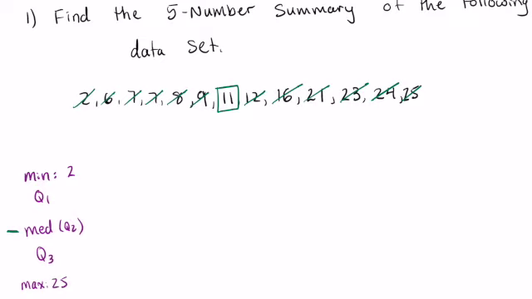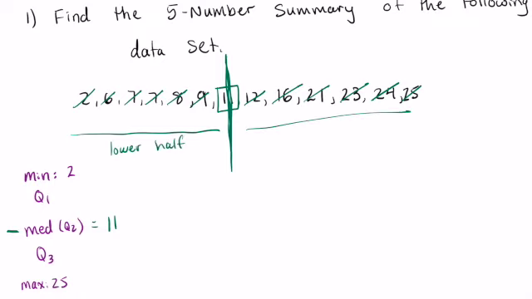And notice, so I have 1, 2, 3, 4, 5, 6 numbers on that side of 11. I have 1, 2, 3, 4, 5, 6 numbers on this side of 11. My median is 11. It's my middle number. And that's going to be that halfway divide between the lower half and my upper half.